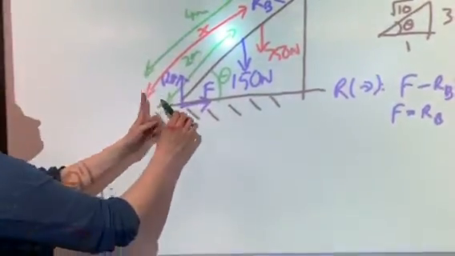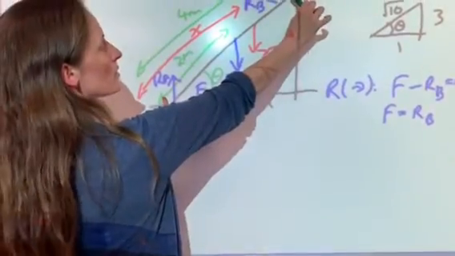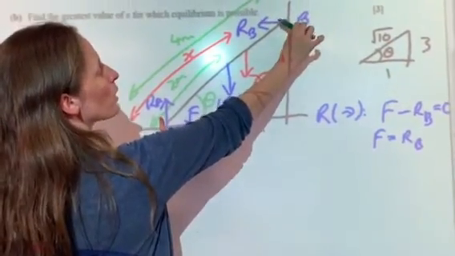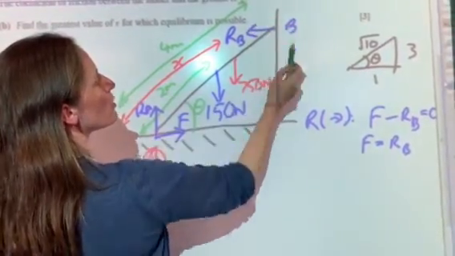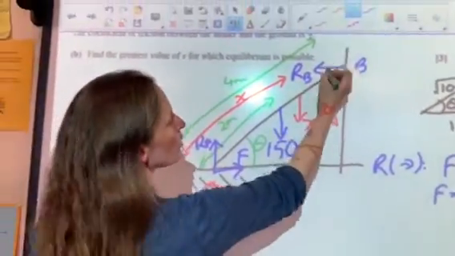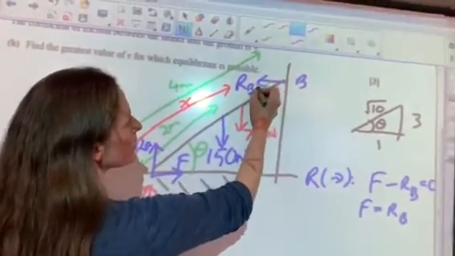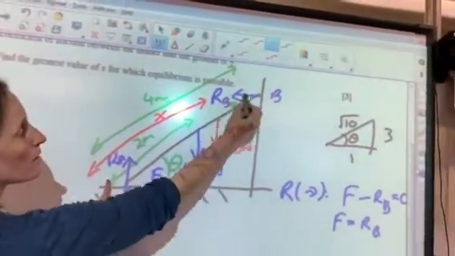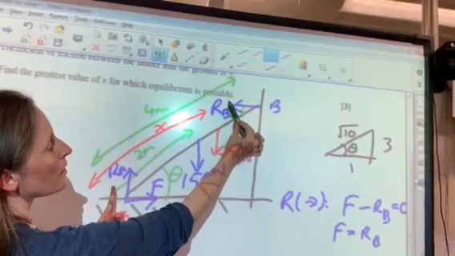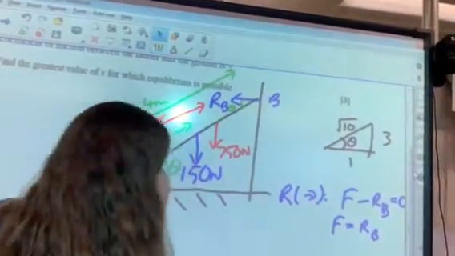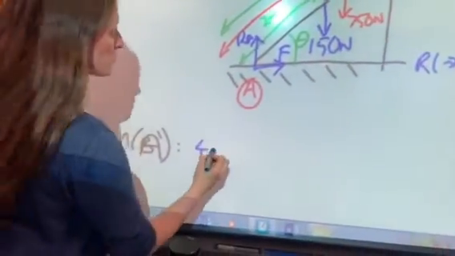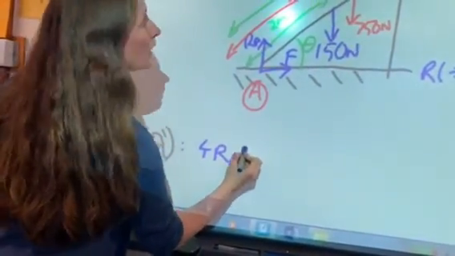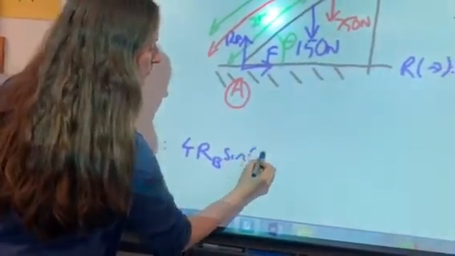I'm going to do the distance to my force RB, and I want the perpendicular component of that force. I can see, using alternate angles, Z angles, that this angle is theta, so I would like the opposite side to that. So we have the distance, 4 meters, times RB sine theta.